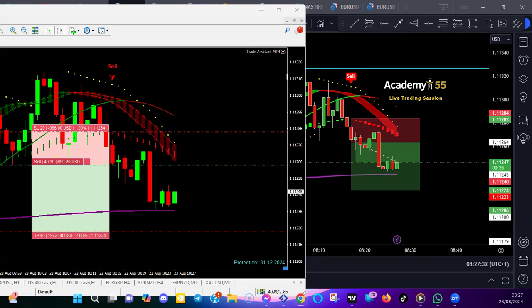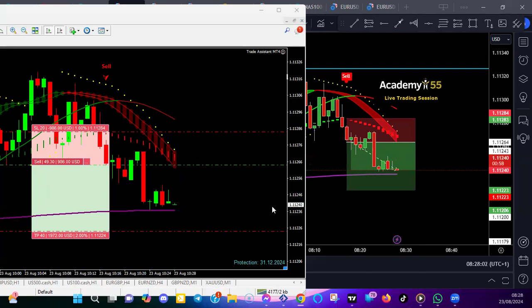And now we've gone into a little bit more consolidation. Because we were above the purple line, which is a buy bias, are they now changing direction?